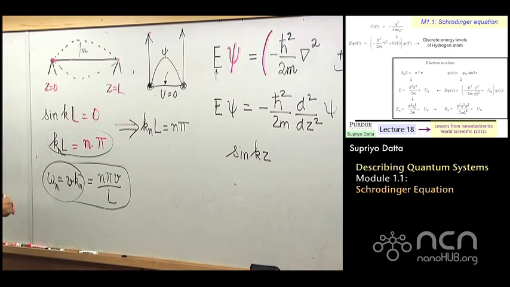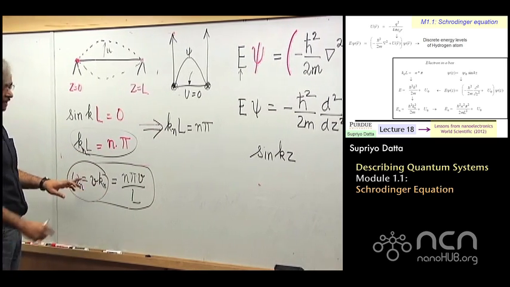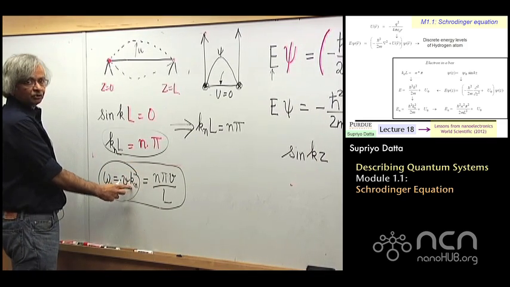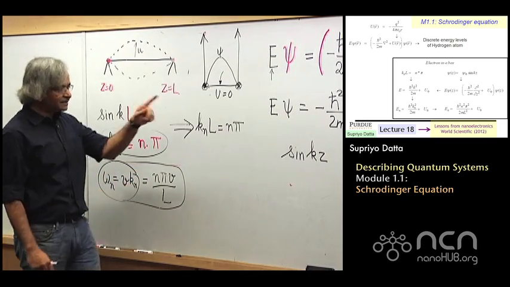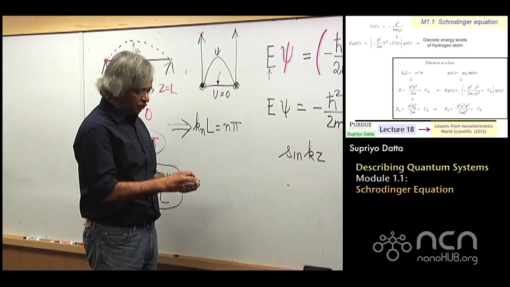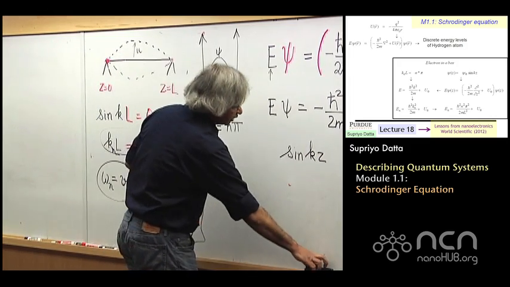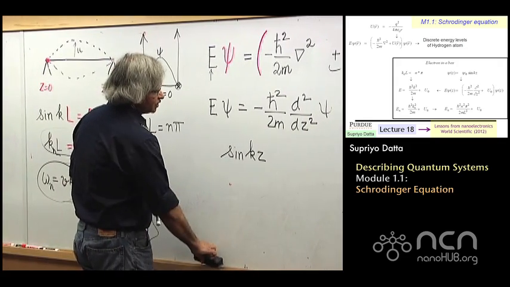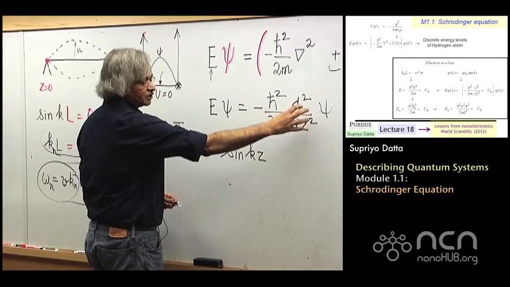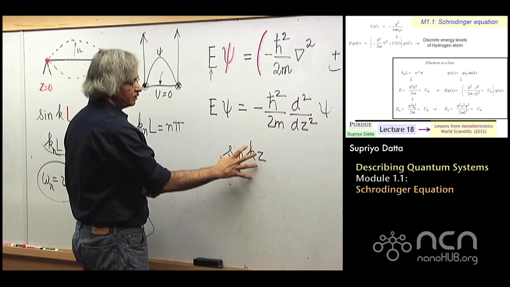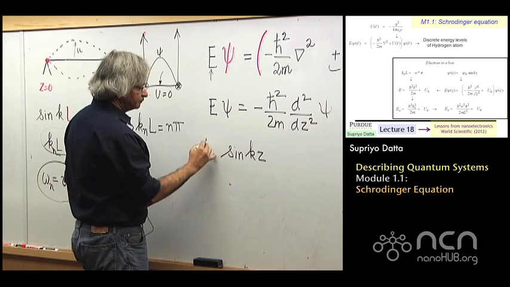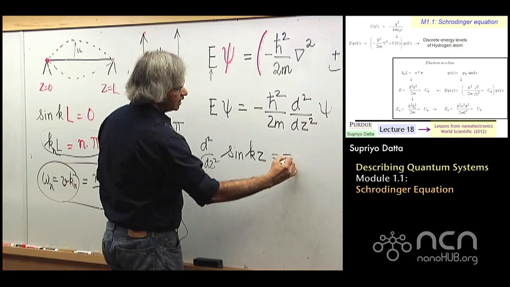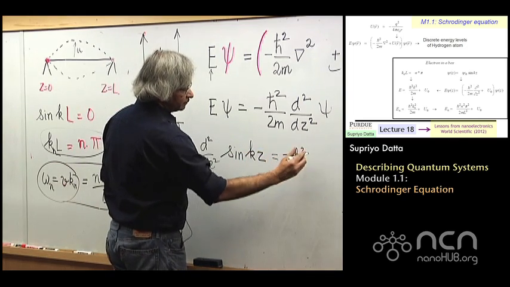What is not the same is the next line, because with the guitar, omega was proportional to k. In this case, omega is not proportional to k. And you can see what it is. Supposing for psi I put sine kz, then when I take the second derivative, as we discussed, with sine kz, what you get is minus k squared times psi, the same thing.